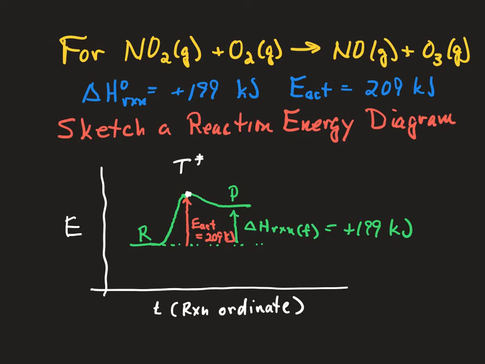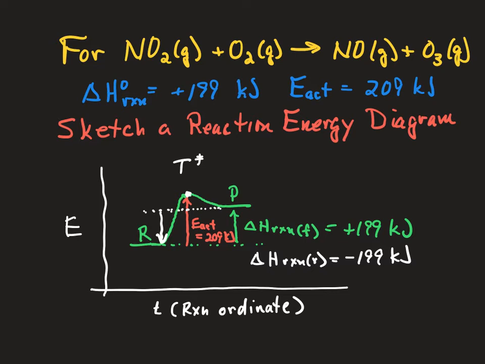And so now that expresses the forward reaction. But we can consider, if we extend this line, the reverse reaction, right? So the delta H for the reaction in reverse would be minus 199 kilojoules, right? From here back down to there, right?